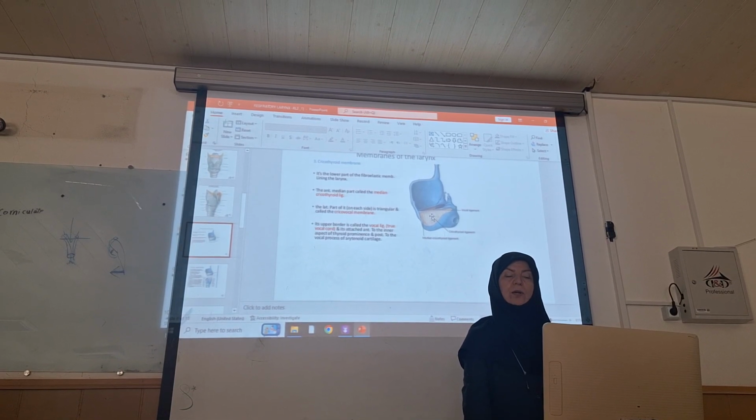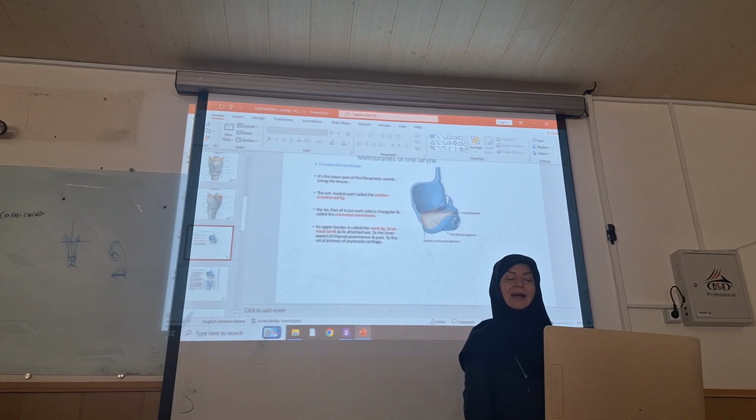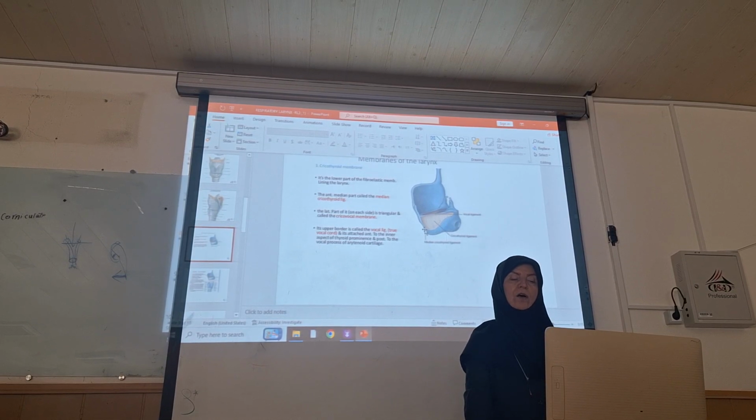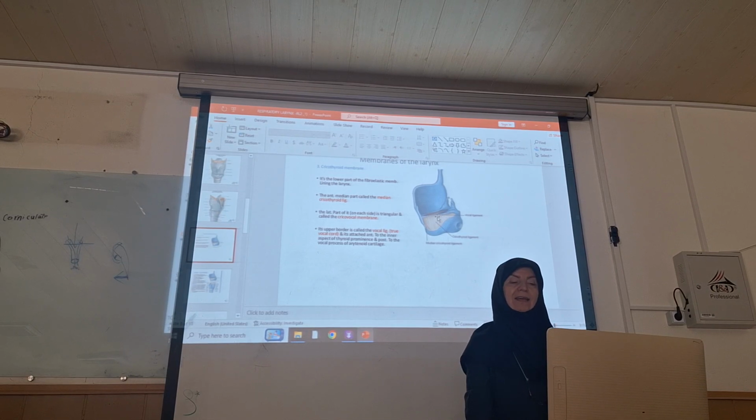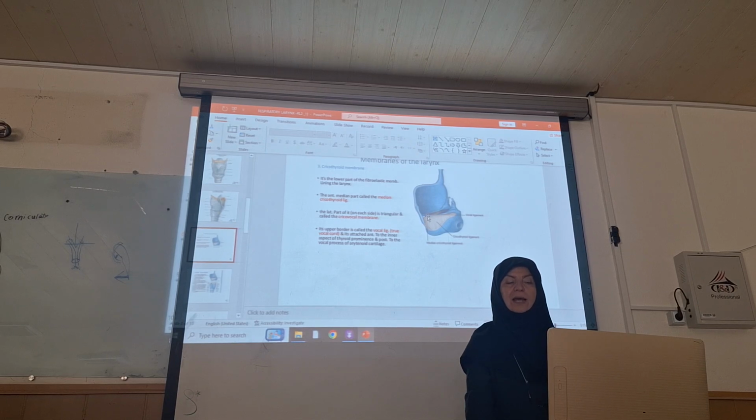This cricothyroid membrane inferiorly is attached to the superior border of the cricoid cartilage, and superiorly it is free. Anteriorly, this free border is attached to the thyroid cartilage, and posteriorly it is going to be attached to the vocal process.